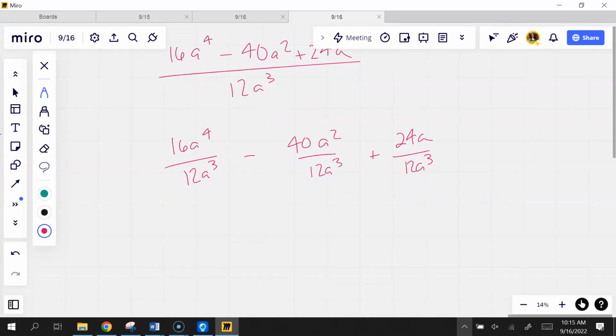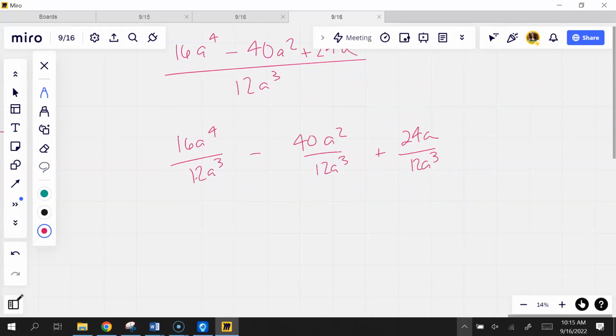Now I just simplify each one individually. 16 over 12, both of those can be divided by 4. Leaves me with 4/3. And then I have 4 a's up top and 3 in the bottom, leaves me with 1 a up top.